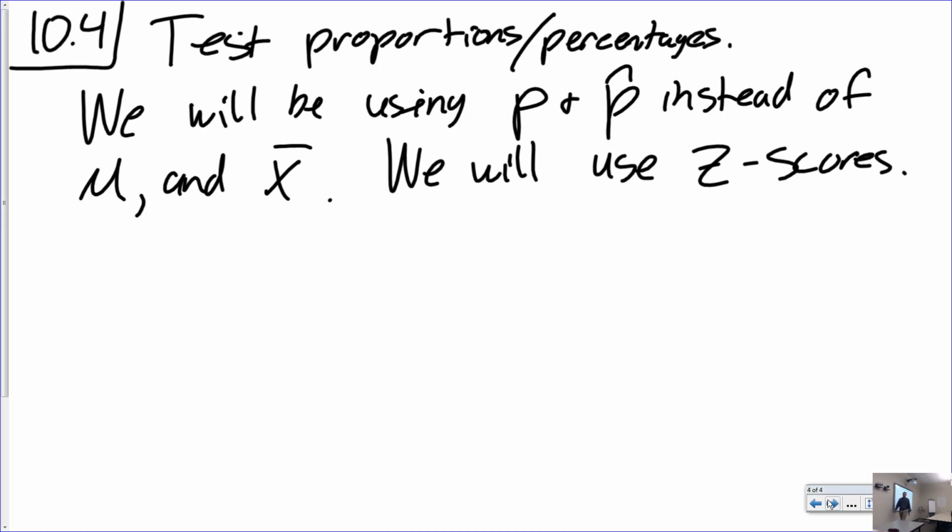When we dealt with proportions, remember that we always dealt with z-scores. So in general, when we look at 10.4, we are going to calculate a z-score, and from that z-score, calculate a p-statistic, and play that game we just played a little bit ago. And the z-score calculation is going to look very similar to what we've dealt with before.